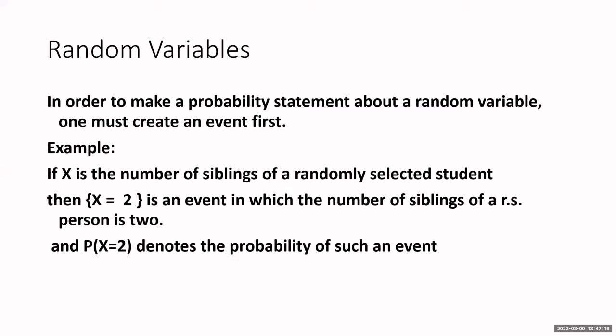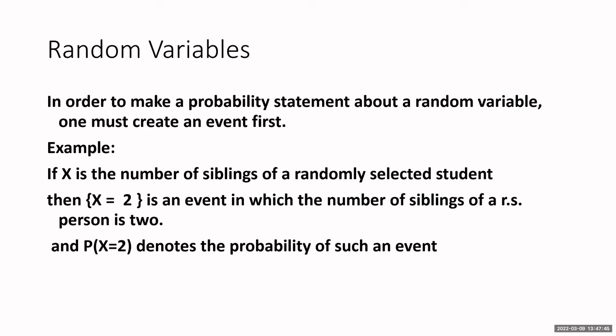In order to make a probability statement about a random variable, one must create an event first. For example, if X is the number of siblings of a randomly selected student, then X equals 2 is an event in which the number of siblings of a randomly selected person is 2.